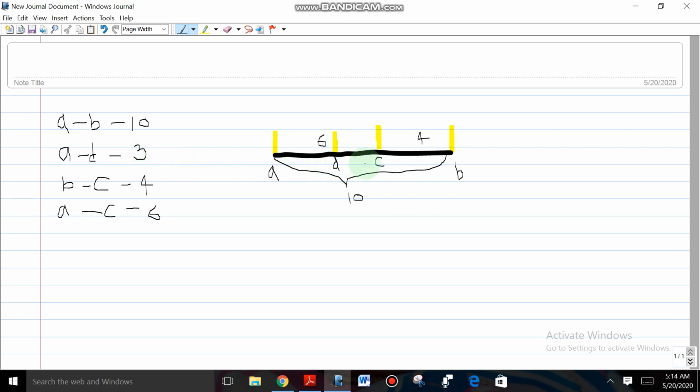So C to D, 3 is the only answer. Okay. But there is another scenario also here. What happens? D is either present here or D is present here also, on this side also.